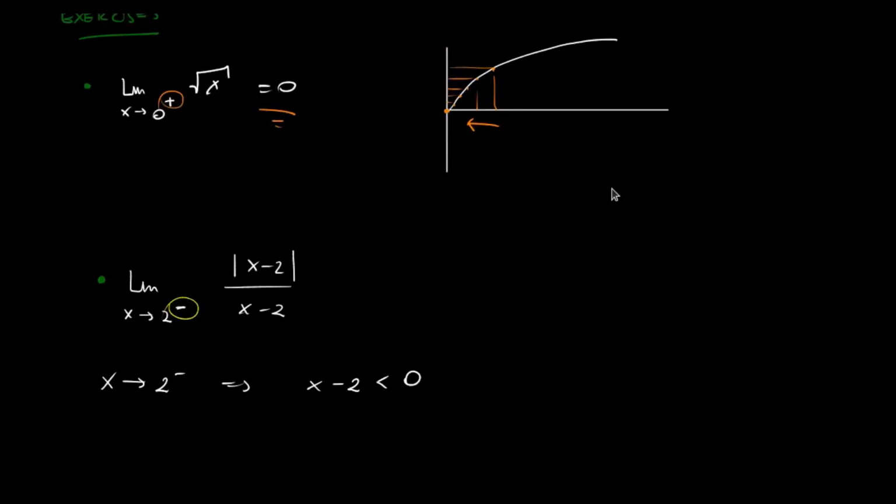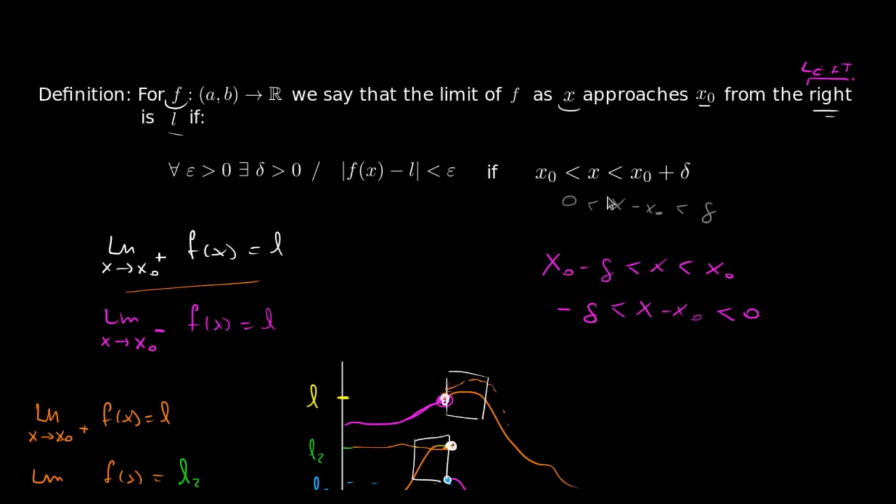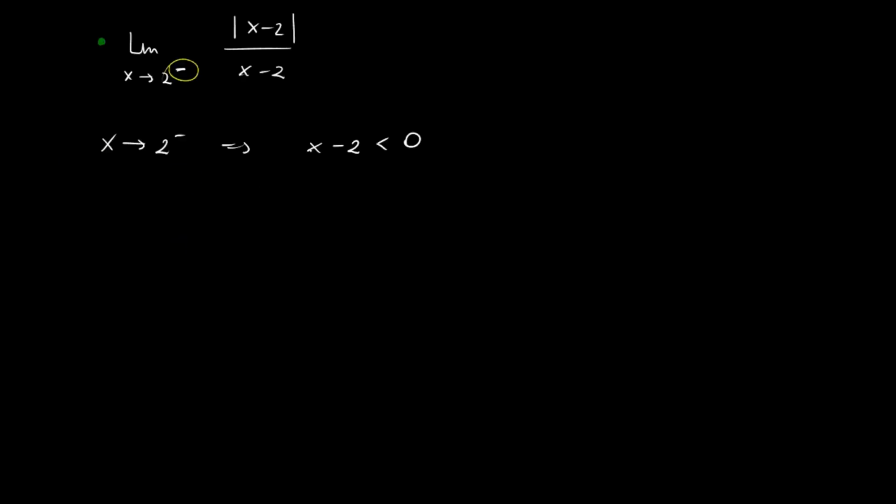And this is because we have to remember the definition of the limit. We said that x minus x0 was smaller than 0. So if x minus 2 is smaller than 0, that means that the absolute value of x minus 2 is equal to minus (x minus 2).